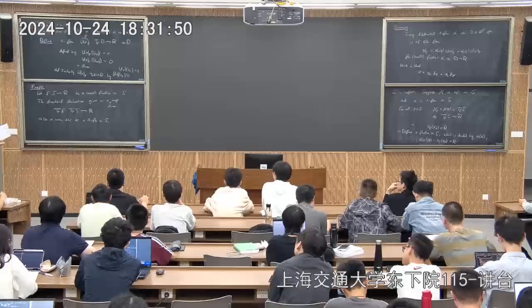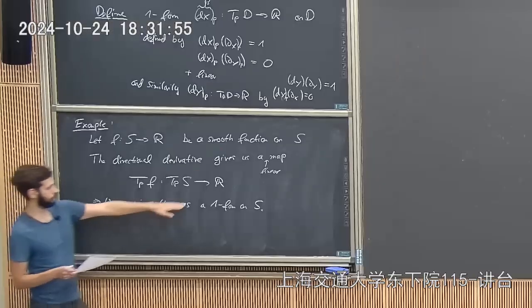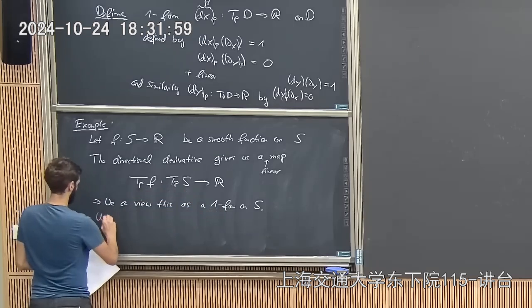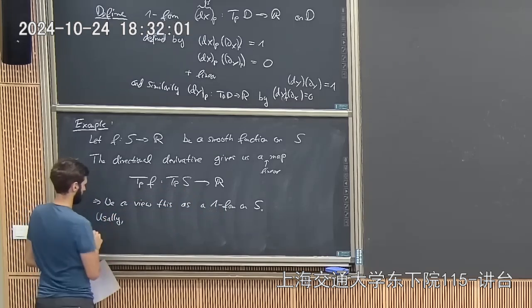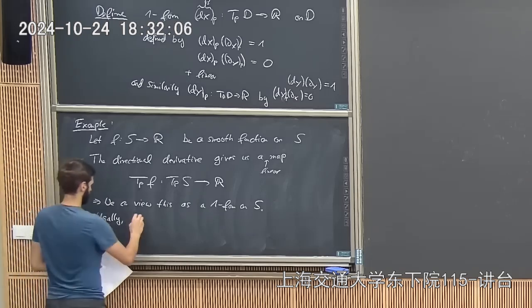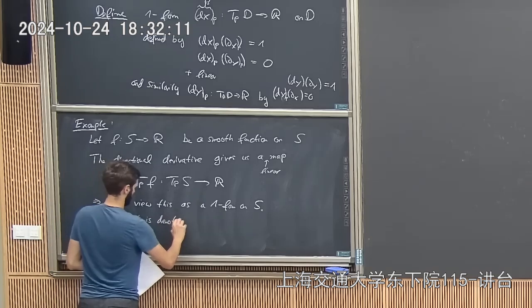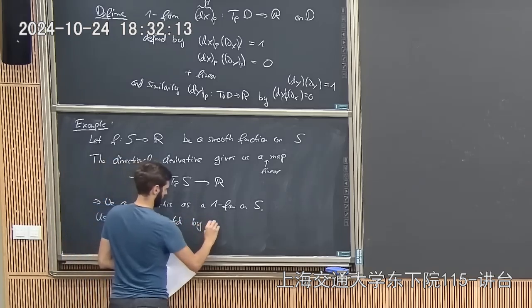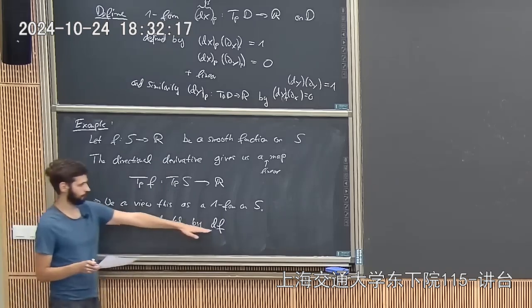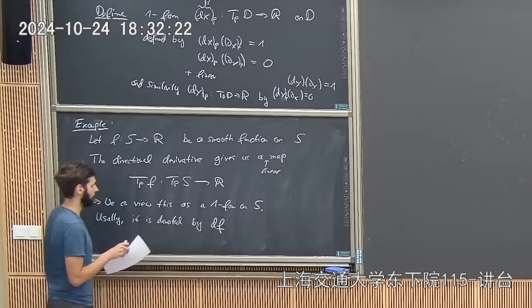It might be just a matter of notation, but usually if you want to view this directional derivative as a one form, people write this as df instead of T f. It's denoted by df. So df is really a differential form.